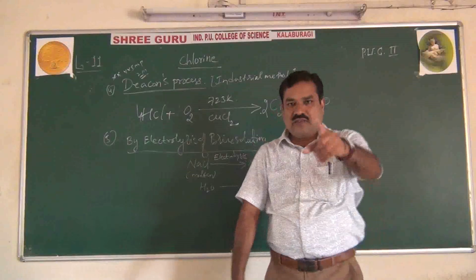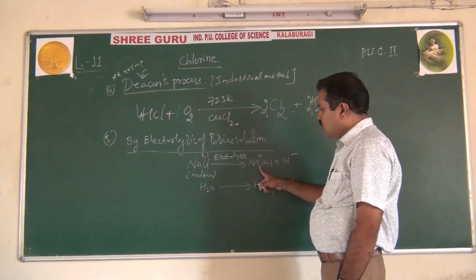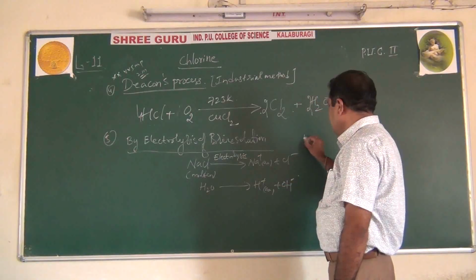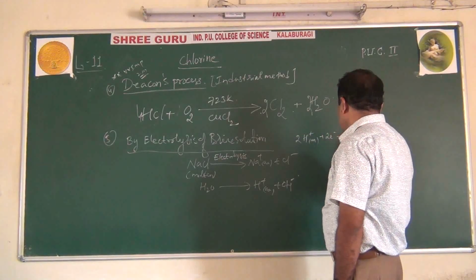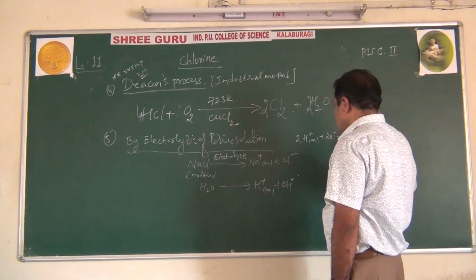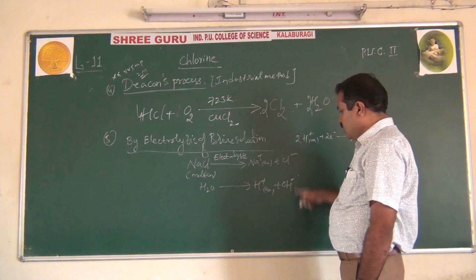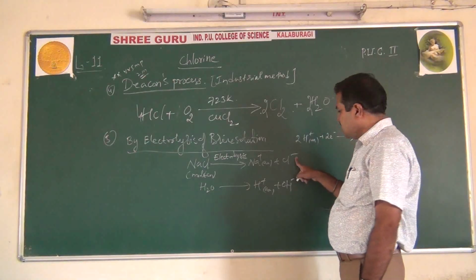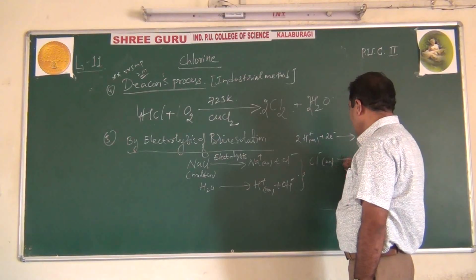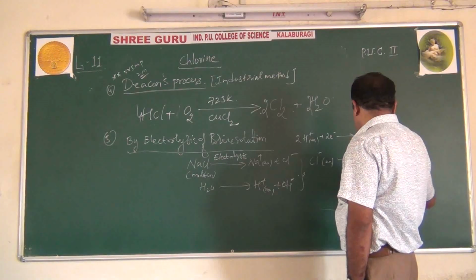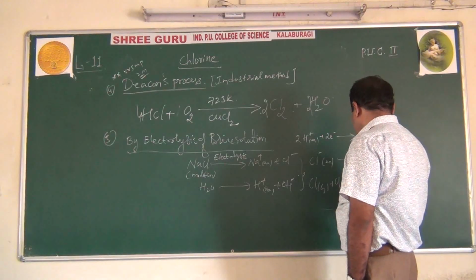Now from your electrochemistry knowledge you know that out of sodium and hydrogen, sodium will not discharge, because of its discharge potential; hydrogen gets liberated. H plus aqueous gaining 2 electrons gets reduced to hydrogen gas. This will remain in the solution. And here chlorine discharge potential is more. Out of these two, chlorine gets oxidized, losing electrons. Like this, chlorine atoms combine to form chlorine gas.